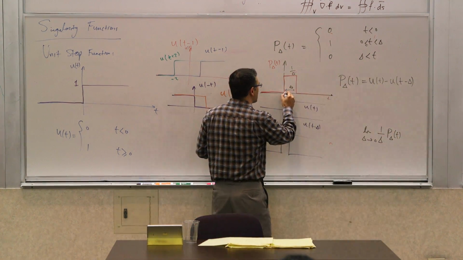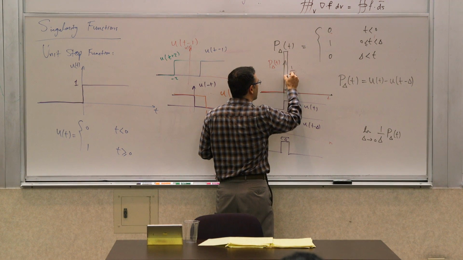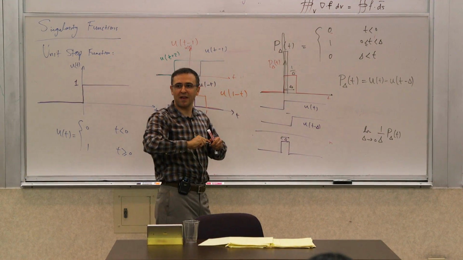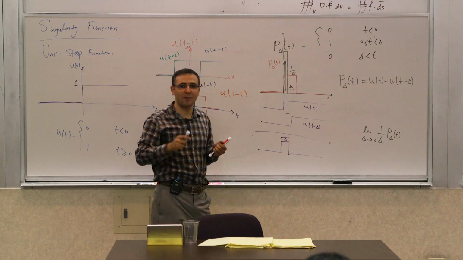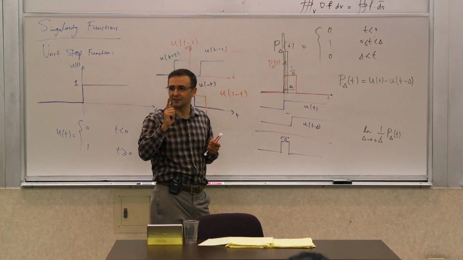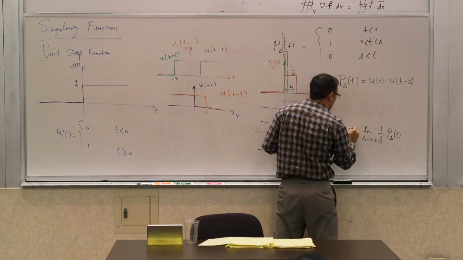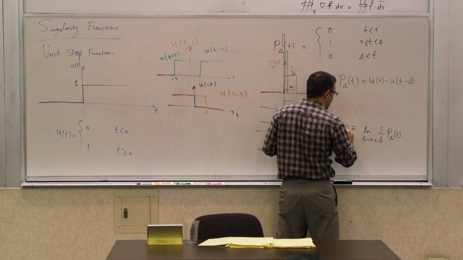I get something that becomes progressively taller and thinner, right? I can make it very, very tall, and in the limit, it becomes a point. This thing is called the Dirac delta.